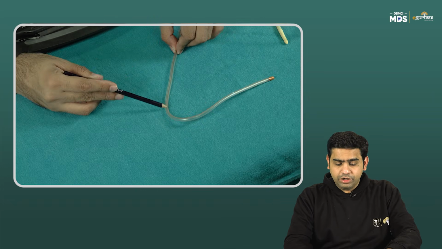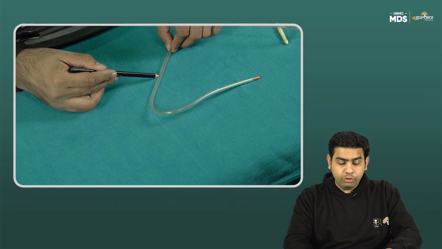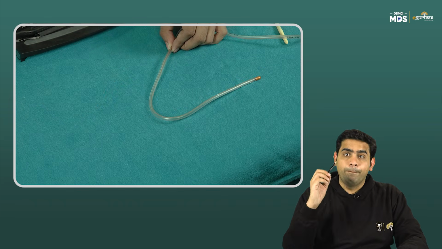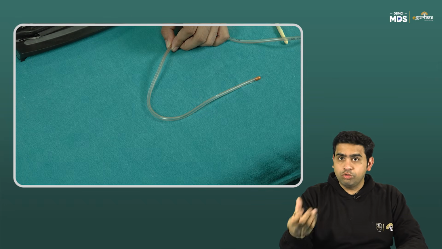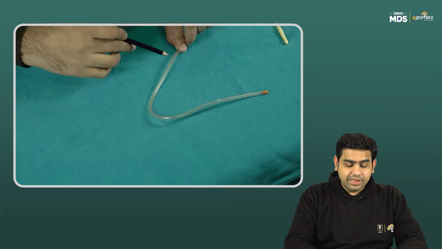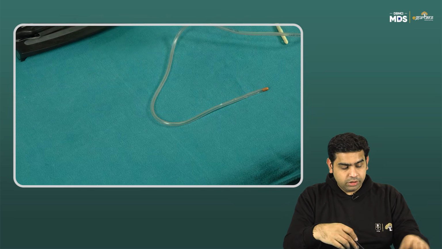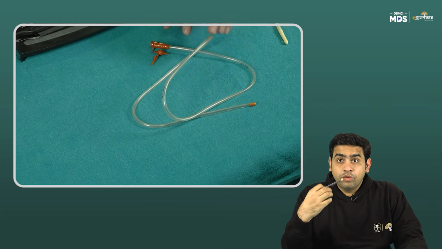It might be a bit difficult to appreciate on the camera. I hope that you will be able to appreciate it once the camera is zoomed, but even if you're not, don't worry about it. You will have plenty of opportunities to catch hold of a nasogastric tube and appreciate the line which is running on it.